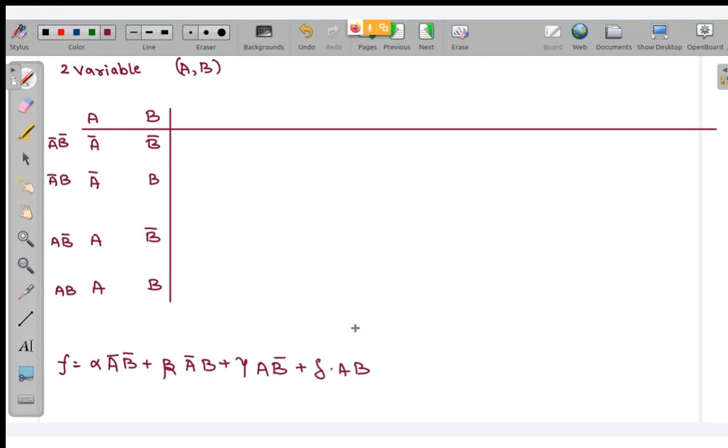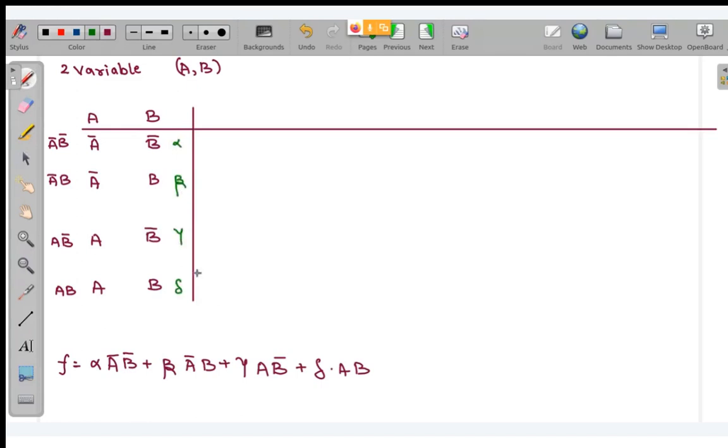These are all binary, so alpha, beta, gamma, delta can only take values 0 or 1. Alpha corresponds to this expression, beta to this, gamma to this one, and this is delta.